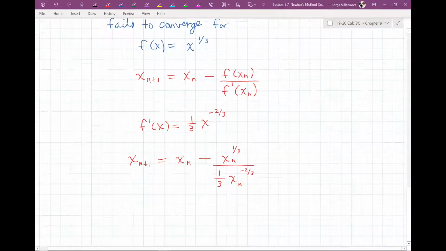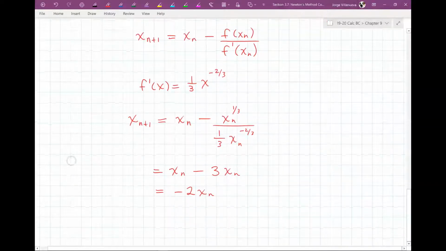Well, look at the denominator and the numerator in that fraction. Since they're the same base, that means I can actually subtract their power. So 1/3 minus a negative 2/3, that's actually a 1, right? So x sub n minus, I'm going to write 3 x sub n. Because the 1/3 in the denominator, you flip it over, it becomes 3 over 1. Now, x sub n minus 3x sub n is equal to negative 2x sub n.